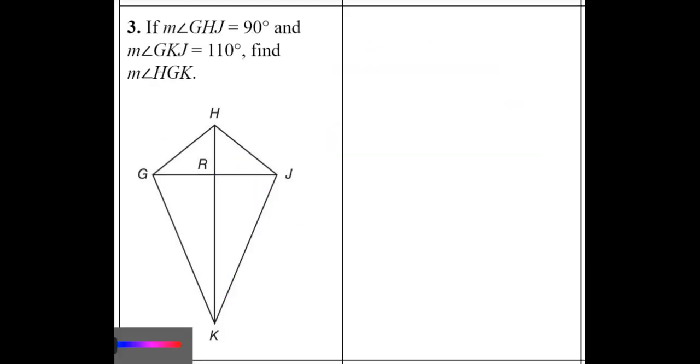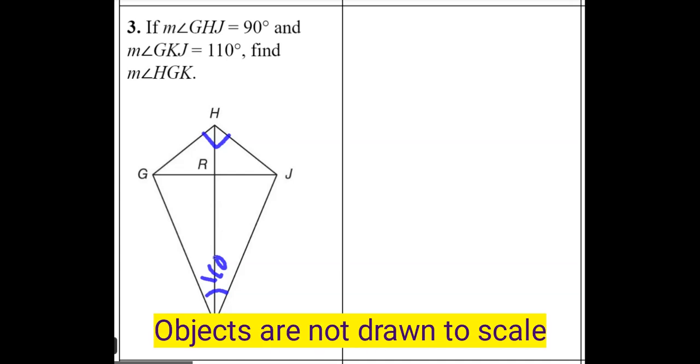Okay, so here I am on number 3. If measure of angle GHJ is 90 and measure of GKJ is 110, so right here is 110. Now, before we move on, I want to stress that, again, this shape is not drawn to scale because the angle at K is clearly not 110 degrees if you're just looking at it.